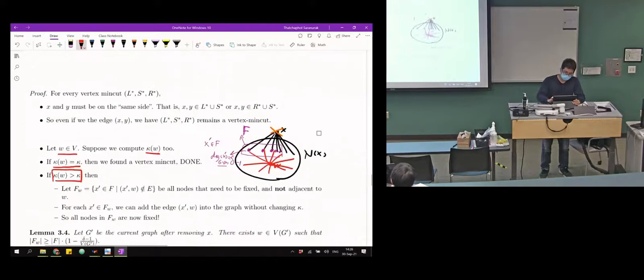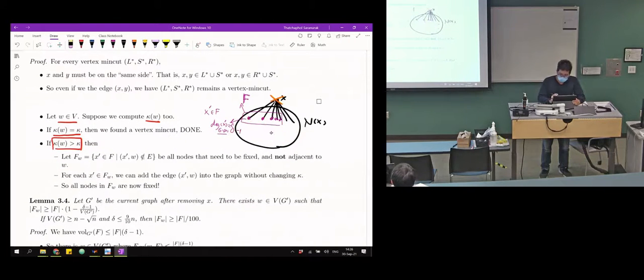Okay. But is it not the case that W might already be incident to a bunch of things? Maybe these are the neighbors of W from the beginning. So it only means that I can add this edge to fix this guy. The green guy will be fixed. But the guy that used to be a neighbor of W, I cannot add more edges. The edge is already there.